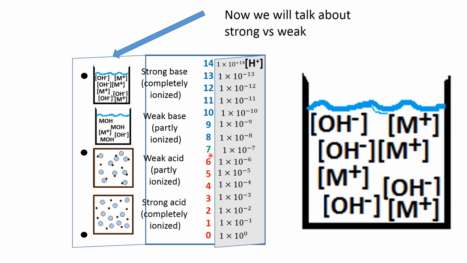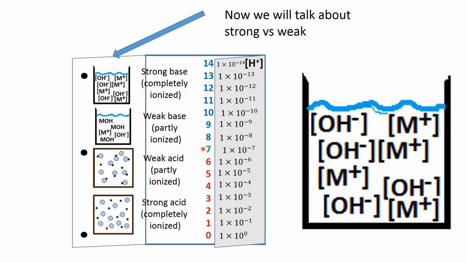Litmus paper turns red in the presence of acids, which is why we use the color red for our acids. And it turns blue in the presence of bases, which is why we used blue for a base. Now it doesn't turn green for neutral. In reality, when we test with litmus paper, we always test with both, because a neutral solution won't change the color of the litmus paper.